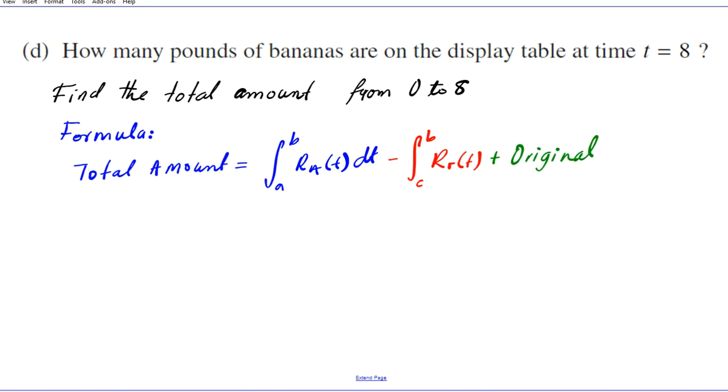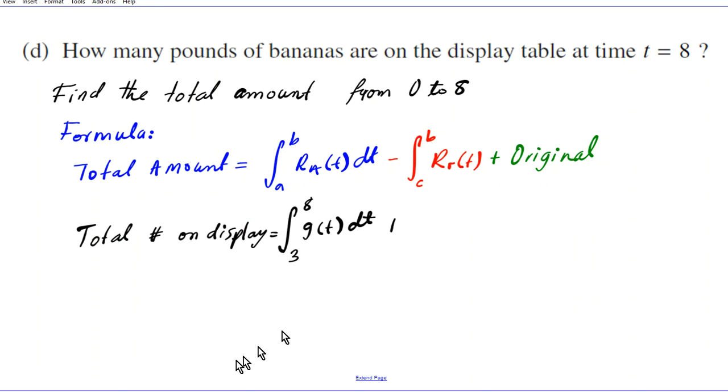Alright, so let's go ahead and apply this to the problem. The total number on display is going to be the integral of the rate of addition, which is the g of t function. If you look at the problem, the g of t function is only active from 3 to 8, so you got to be careful with that.